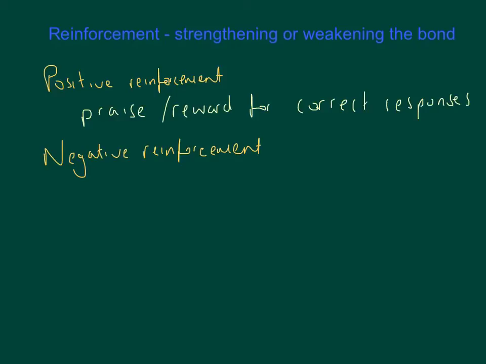So what happens is we produce the incorrect response. If we produce an incorrect response, we receive criticism. And the way that negative reinforcement works is that we want to avoid getting that criticism again, so we try and perform the correct response.